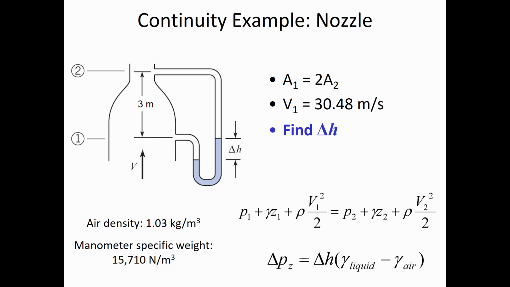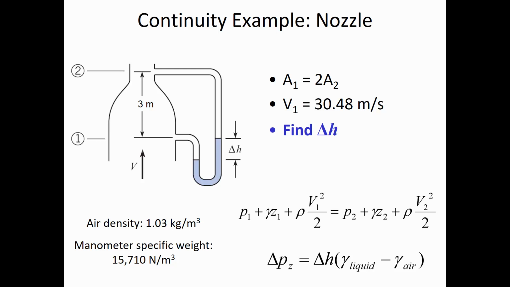If we knew a difference in density, if we could measure that, then we could improve our prediction a little bit. But what I'd like you to do is try taking a stab at what is delta H. How big will that deflection be in the manometer, based on the fact that we know the velocity is going to change?